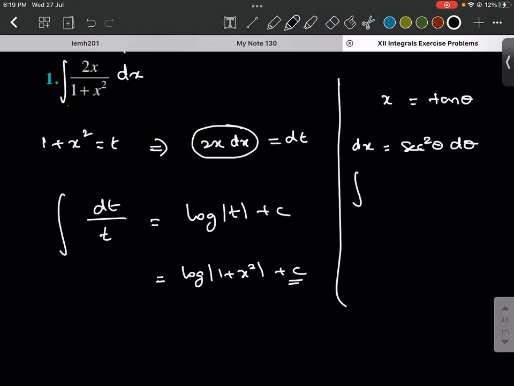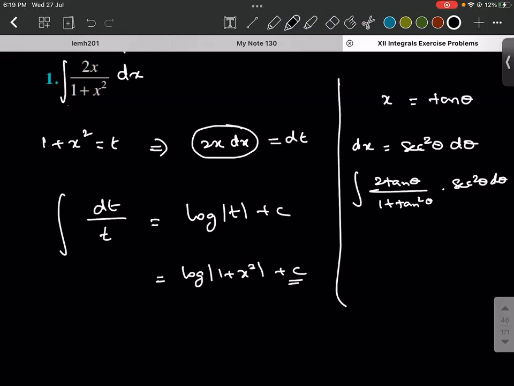Okay. Integral of 2x divided by 1 plus x square. Okay. 2 tan theta divided by 1 plus tan square theta into secant square theta. Did you do this? Because in the place of dx, I need to replace it with secant square theta d theta.